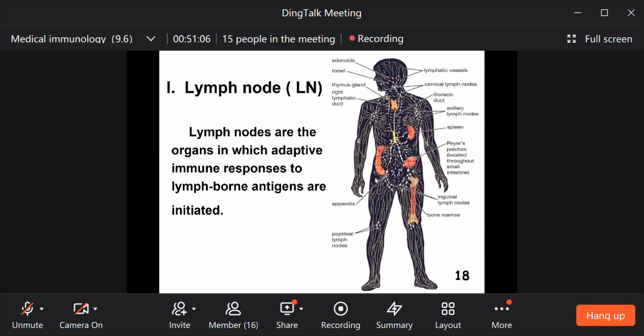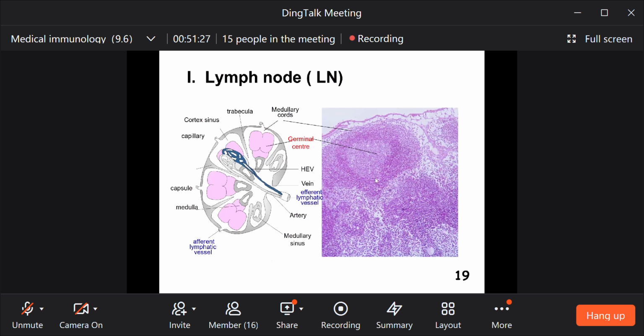Blood vessels are attached to the lymph nodes, as well as two sets of lymphatic vessels. Those that enter the lymph node, and those that leave it. We can see the two sets of lymphatic vessels here.